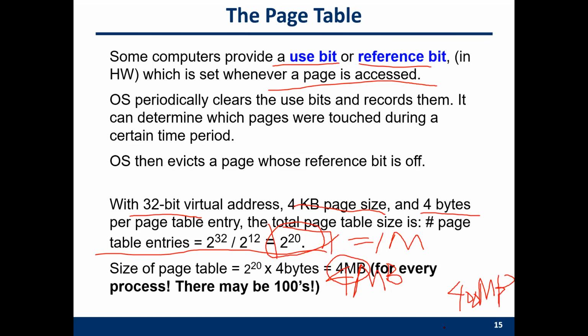This is apparently not acceptable because this is too large. It's large when you have a 16 gigabyte physical memory. It's even larger when you have only 1 GB physical memory. You can see that 40% of your physical memory is actually consumed by the page tables. If one page table is 4 MB, this is not acceptable.